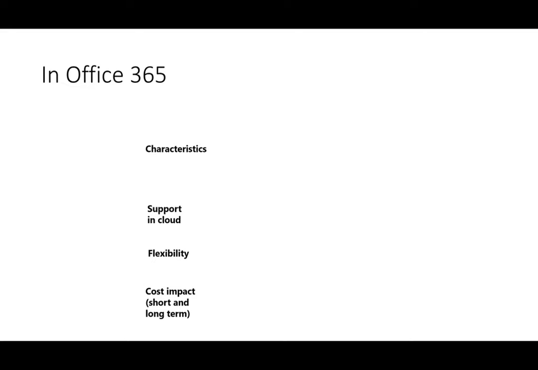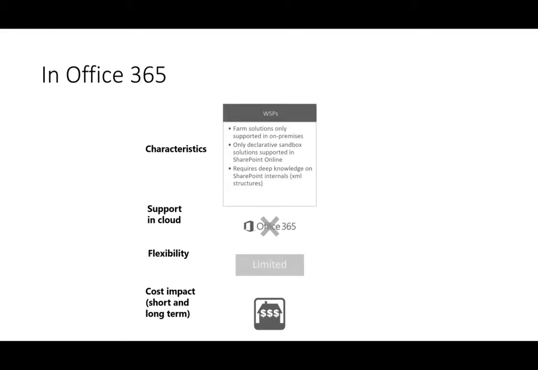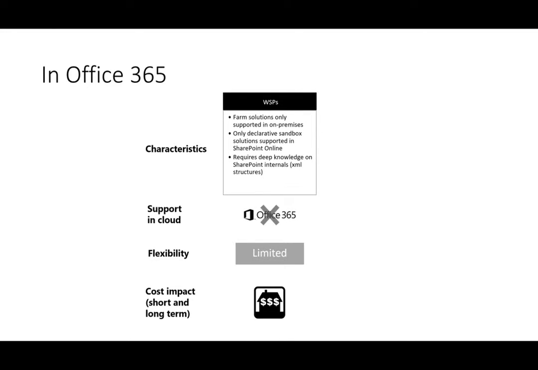So in terms of what you have learned so far in SharePoint and Office 365, your WSPs, which are full trust code, work perfectly on-premises, but that's not at all possible in Office 365.